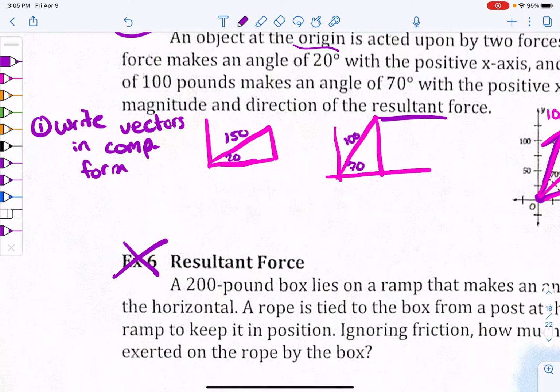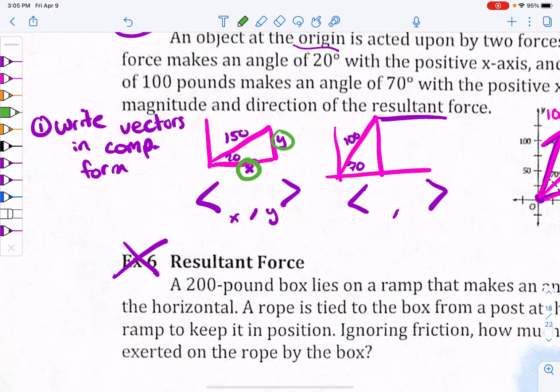Component form just tells me the x direction and the y direction, and x always goes with the cosine value and y with the sine value.